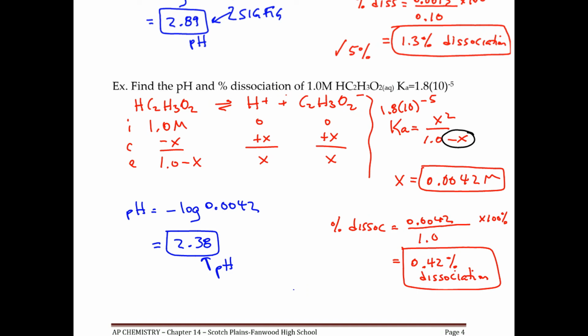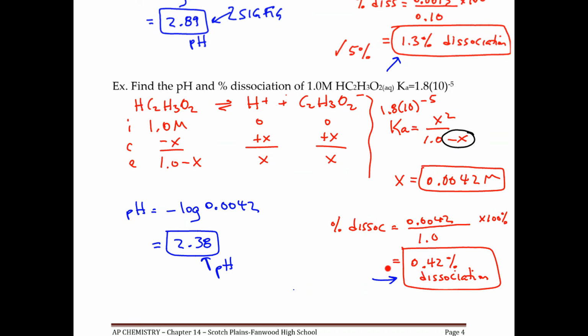And next, we're going to see that the percent dissociation is different. The percent dissociation of 0.42 is a smaller percent than the 1.3. So what's interesting is that the more concentrated you are as an acid, the lower your pH and the less your percent dissociation.